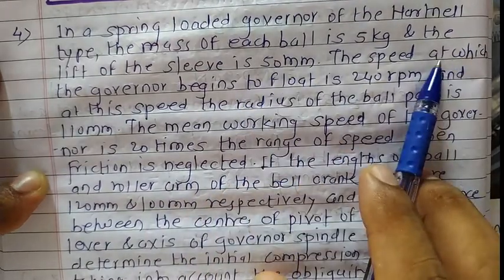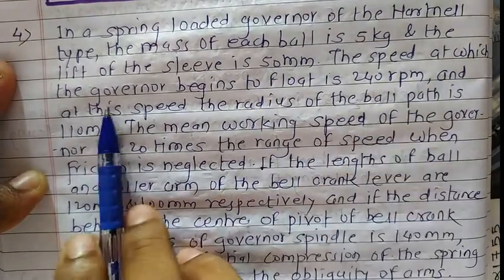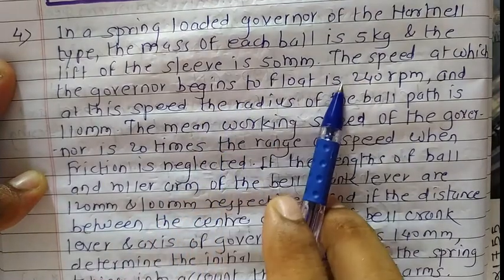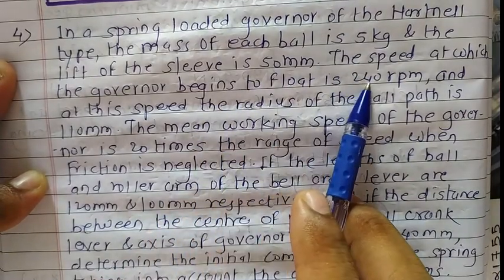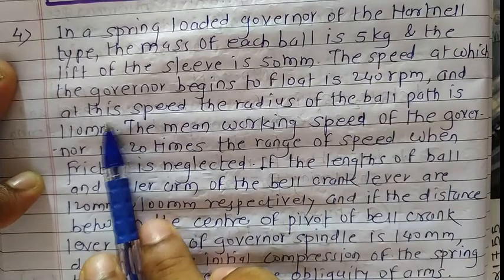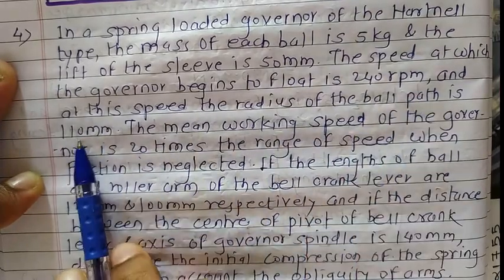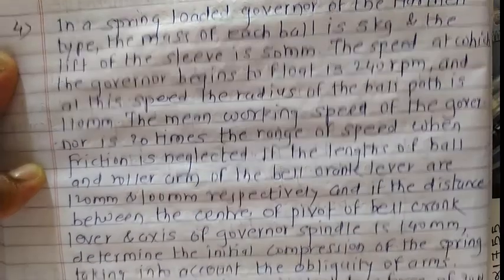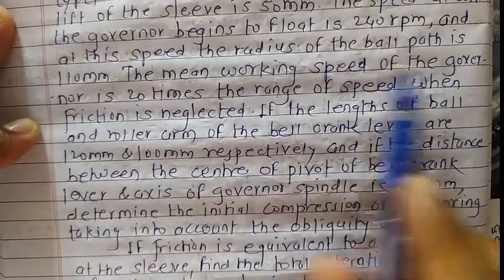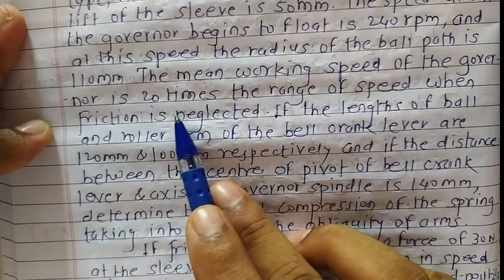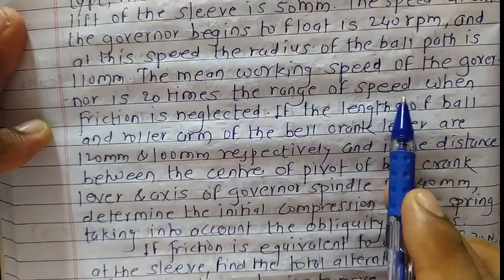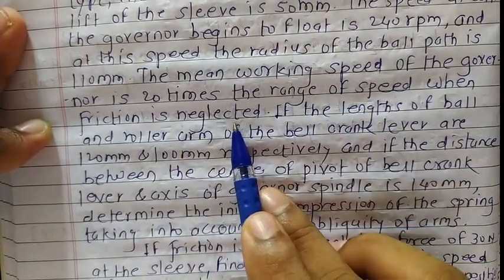The speed at which the governor begins to float is 240 rpm, and at this speed the radius of the ball is 110 mm. The mean working speed of the governor is 20 times the range of the speed when the friction is neglected.